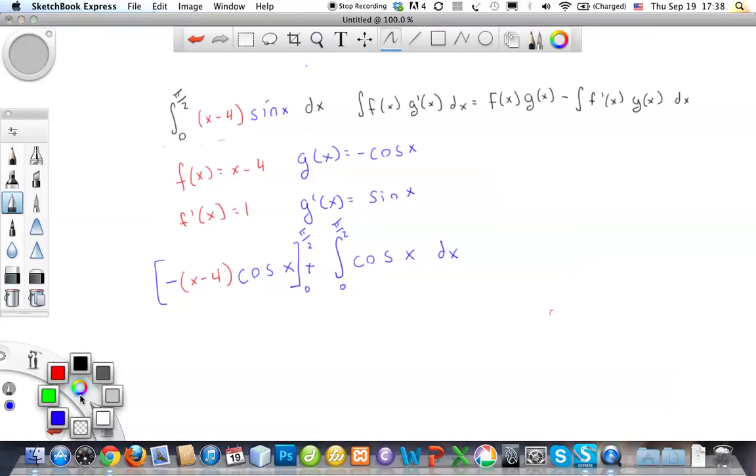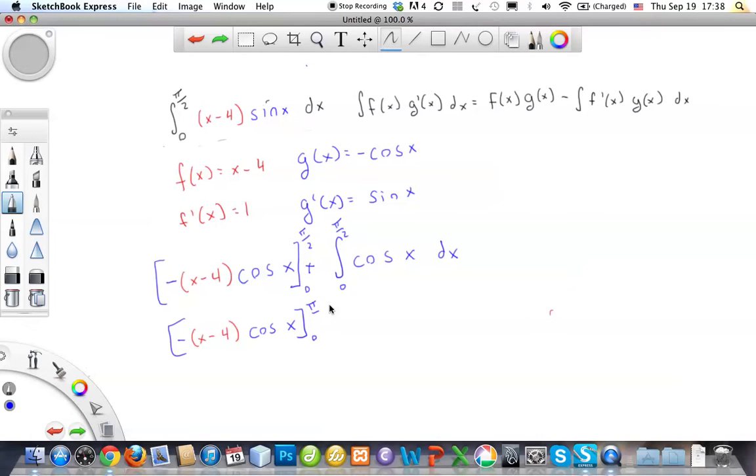So simply enough, we're going to get the negative f of x times g of x. So we got our x minus 4 times our cosine of x, evaluated from 0 to pi over 2.